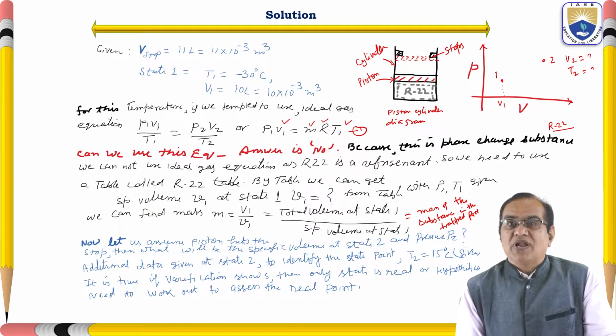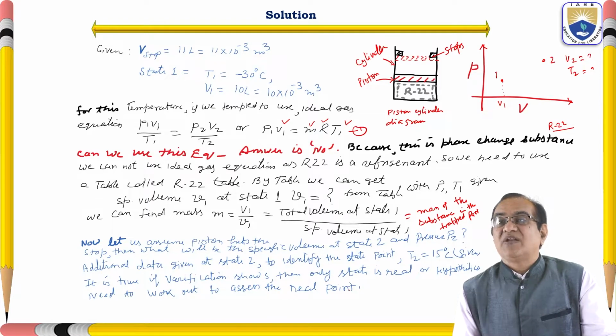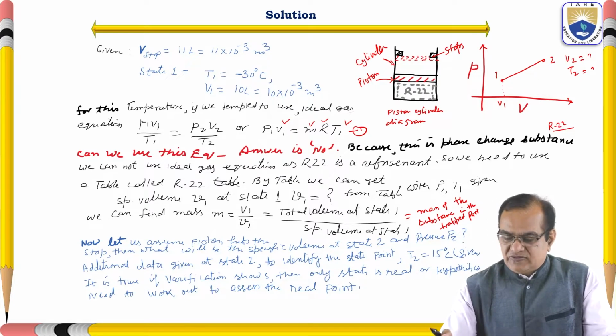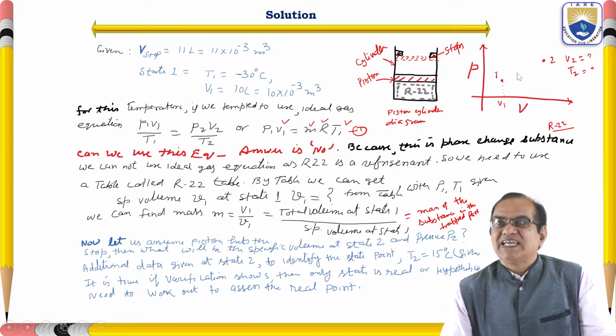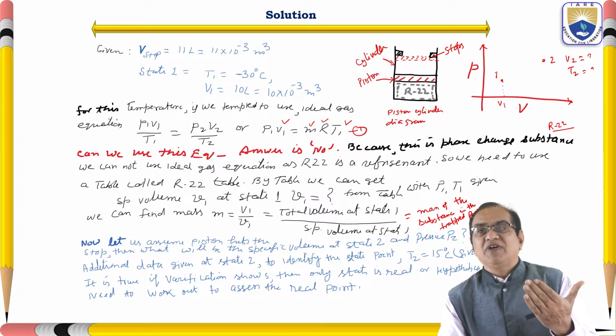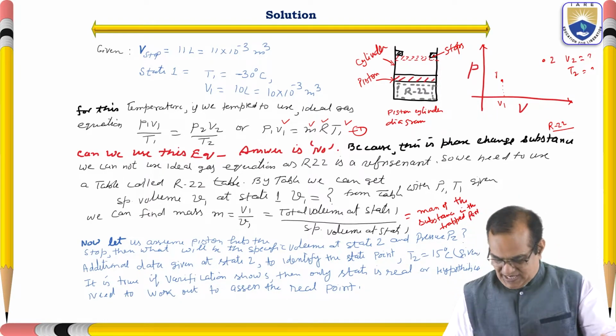We need to work out to assess the real point, whether at point 2 the piston is hitting or not. So first we have to verify. How we can verify this, we will see in the next slide.